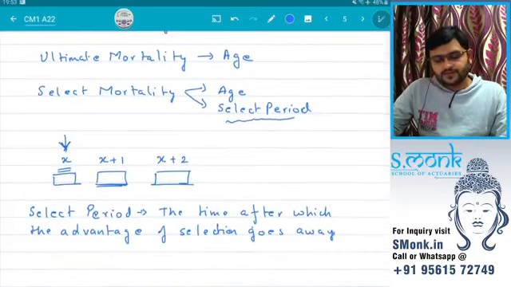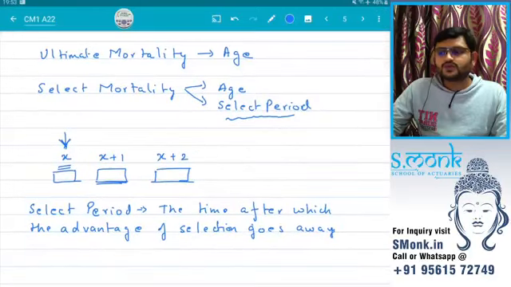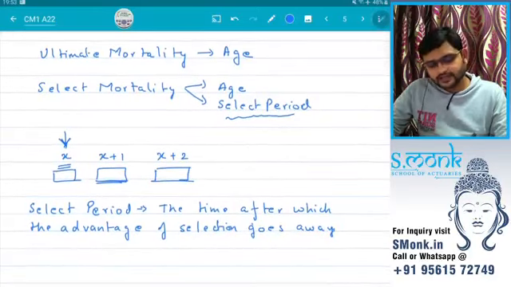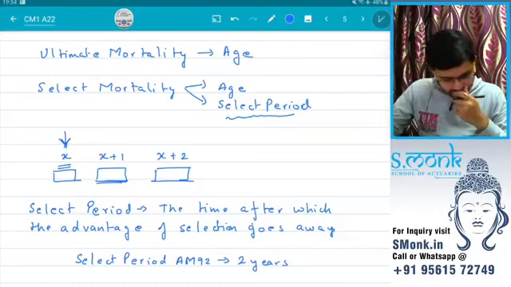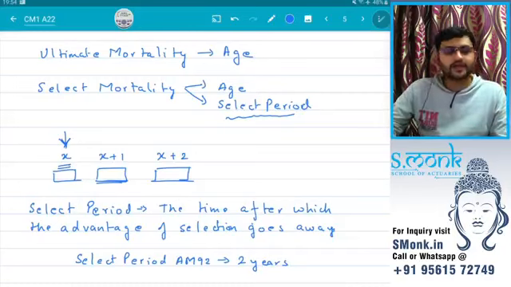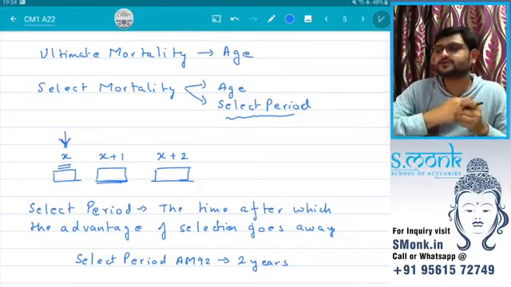Okay. Now in AM92 we have select, and the select period of AM92 is said to be 2 years. Select period of AM92 table is 2 years.